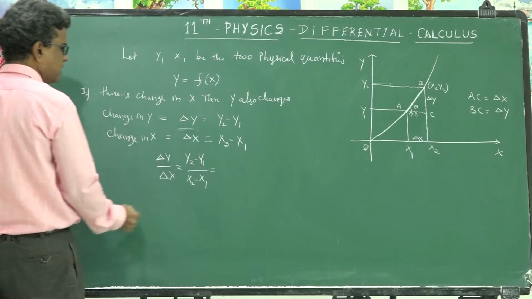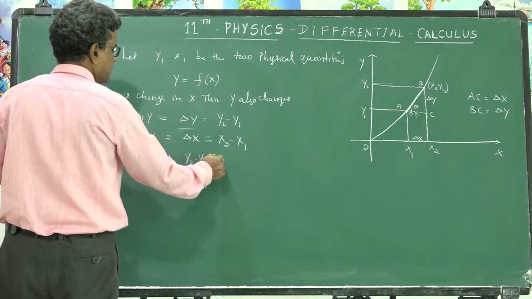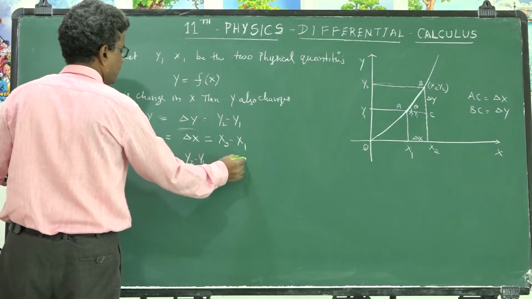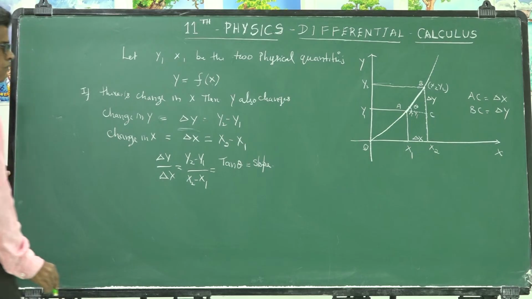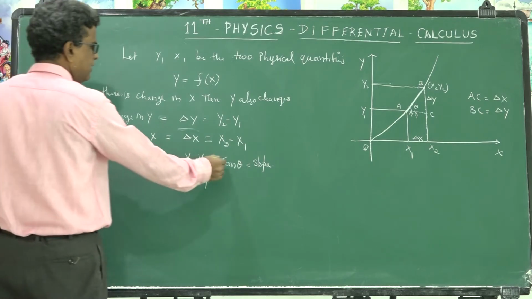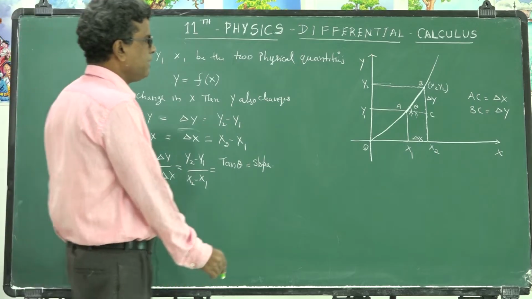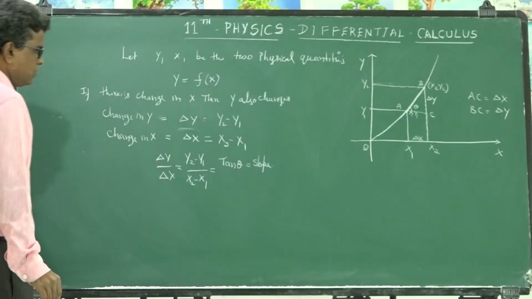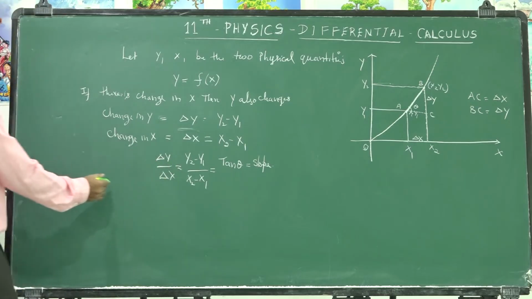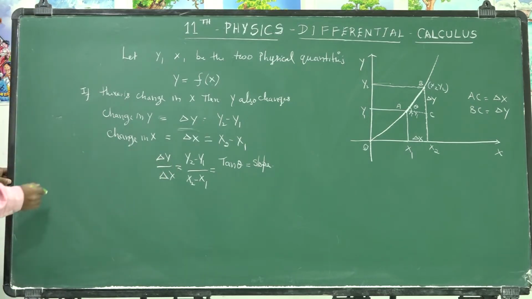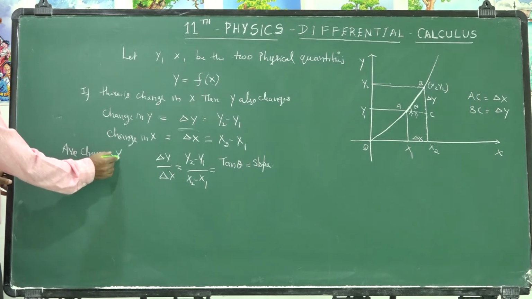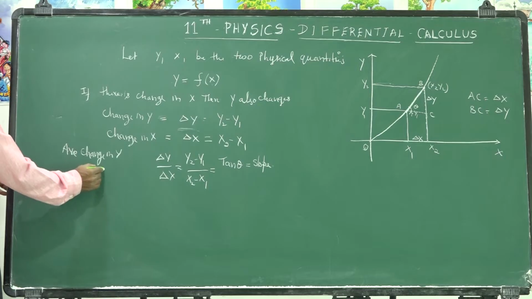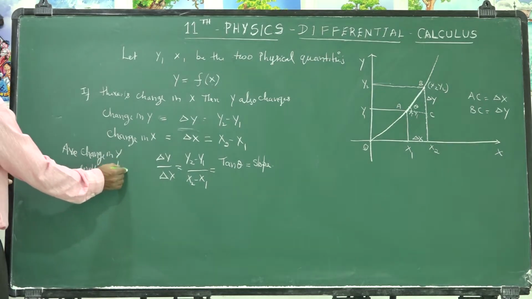This is nothing but tan theta, that is the slope of the line, the slope of the curve. So delta y by delta x is the average change in y with respect to x.